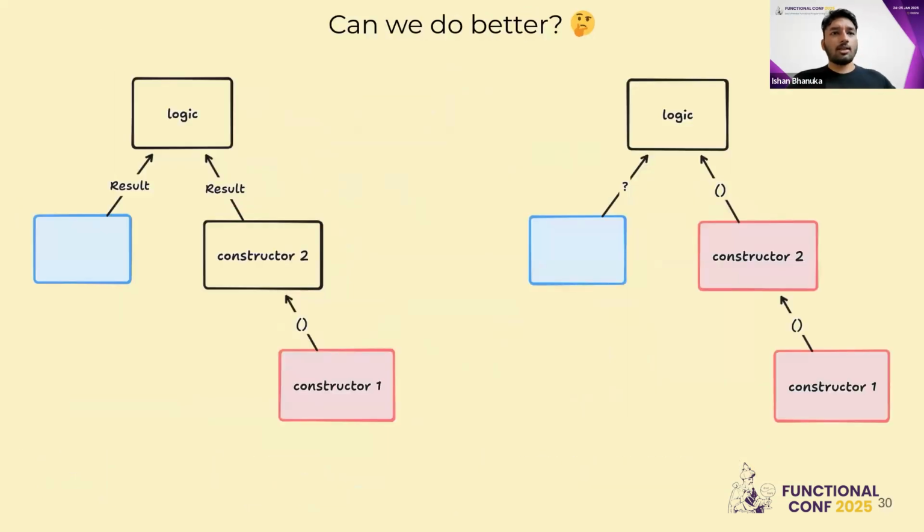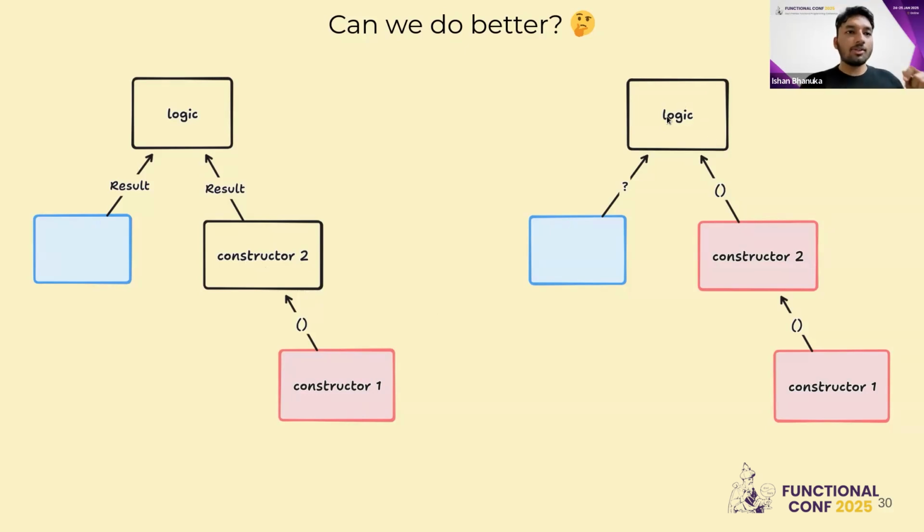Well, actually, in semantic code search, it can be expressed very easily in a very concise manner. It can be used to express all the locations where I need to make the changes. Think of it like this: there's this big function call graph, and I have constructor one whose type signature I've changed. It was returning a result. Now it's returning a unit. So now I need to change all the places where constructor one is used. Right. So constructor two uses constructor one, so it will also change.